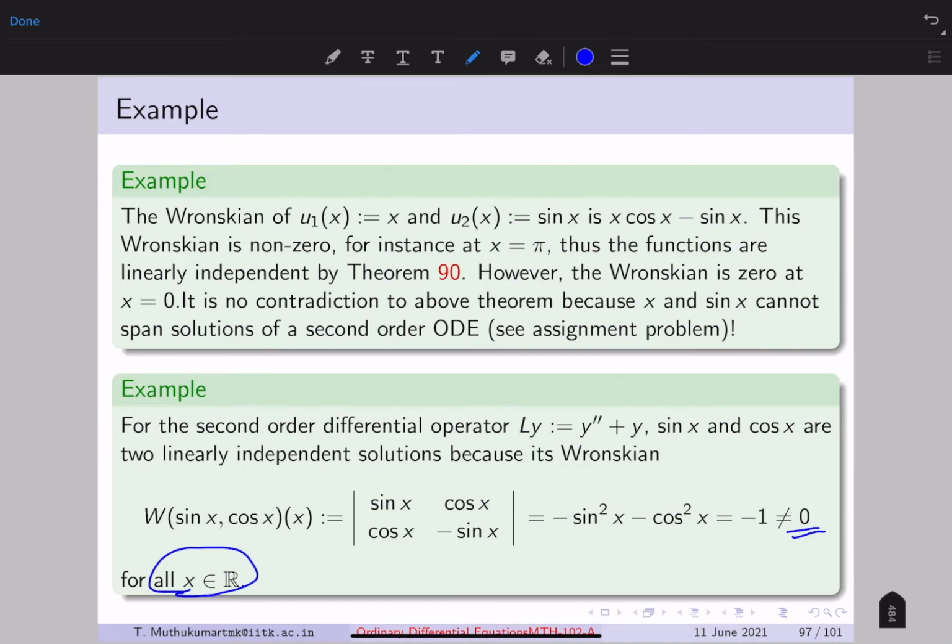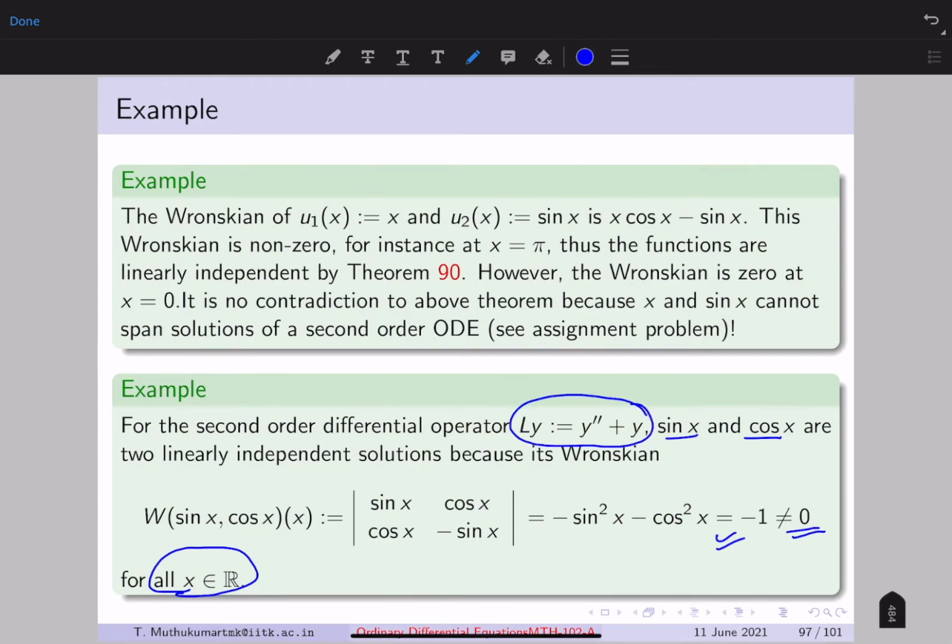So the first theorem tells you that the functions are linearly independent. What we have seen in the previous lecture is that these two are linearly independent by this property that we have checked, that their Wronskian is non-zero. We have also checked that sin x and cos x are solutions to the second order ODE.